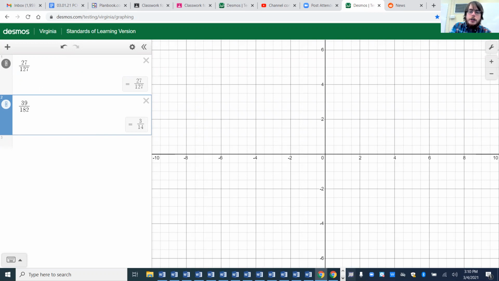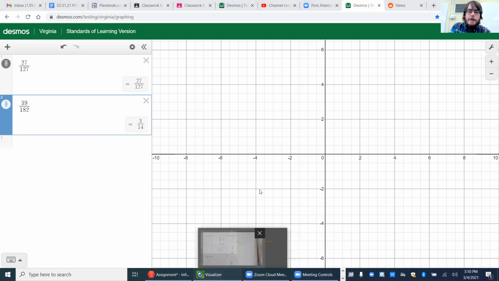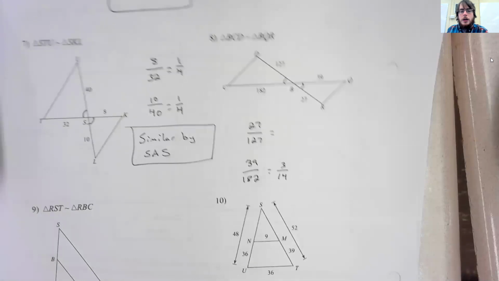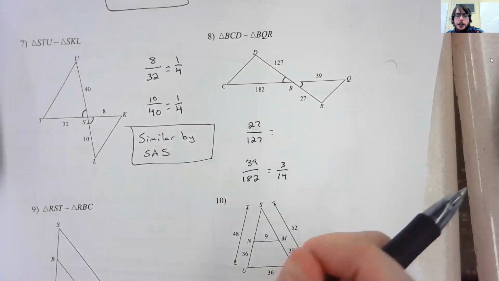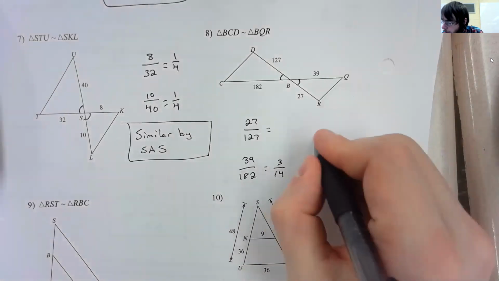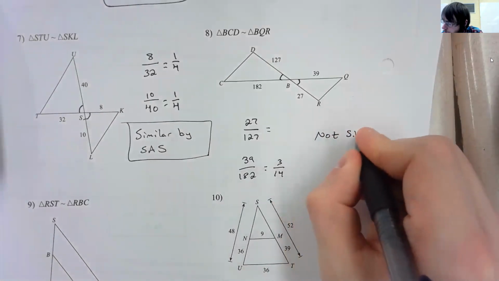And if you look here, you can obviously tell that 3/14 will not be the same as 27 over 127. So these are not similar.